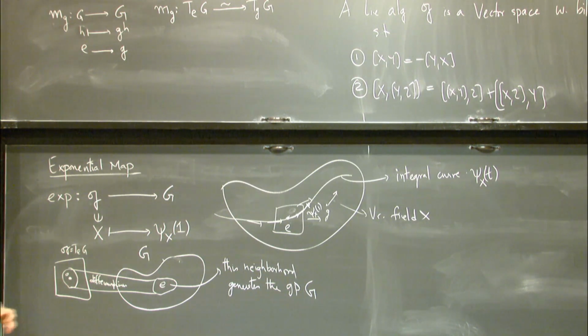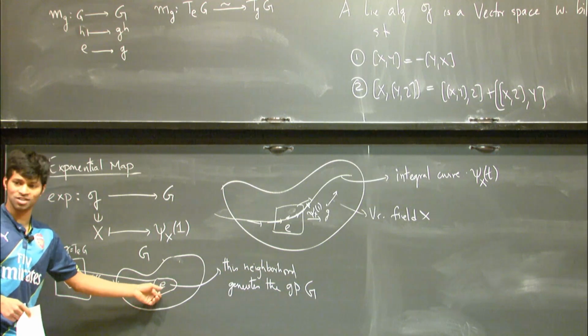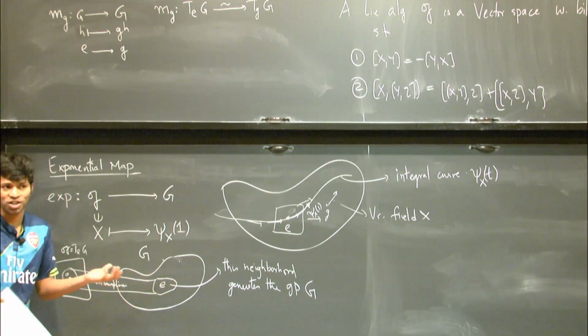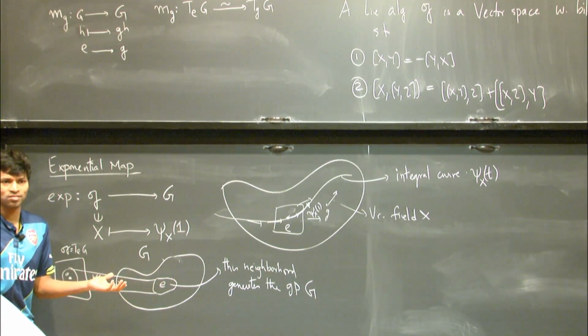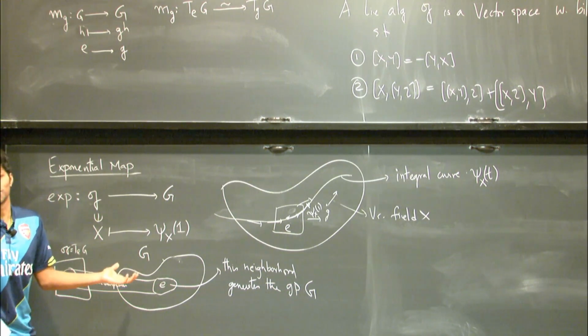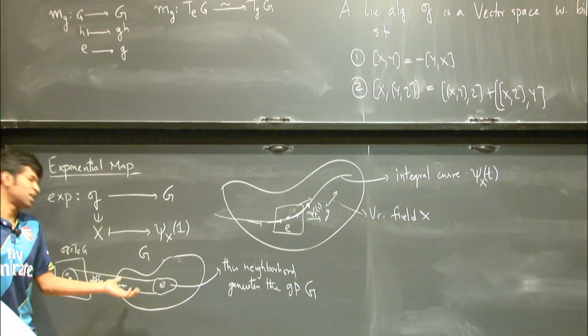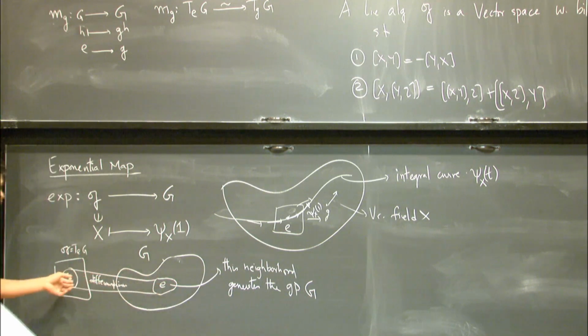So what do you ask for? You ask for some nice subset in this setup, and a nice subset in this setup is a neighborhood that happens to generate your group. And it so happens that such a nice subset is parametrized by a vector space. That's about the best you could ask for, right? You've pulled the story back all the way to vector spaces.